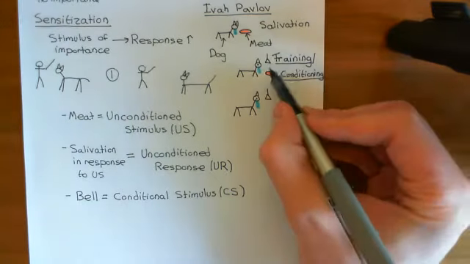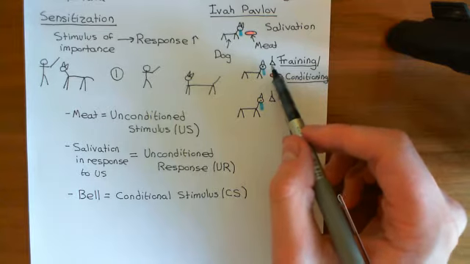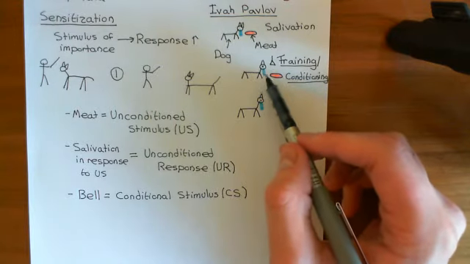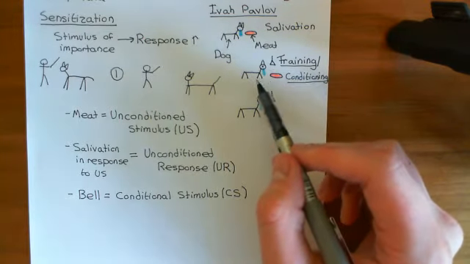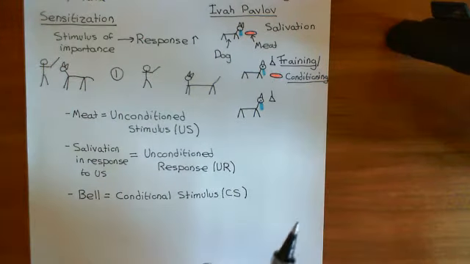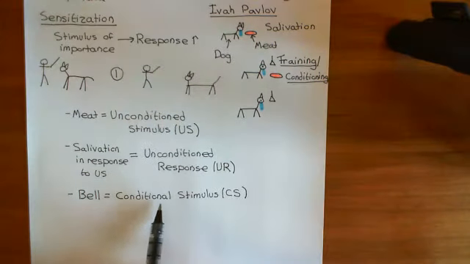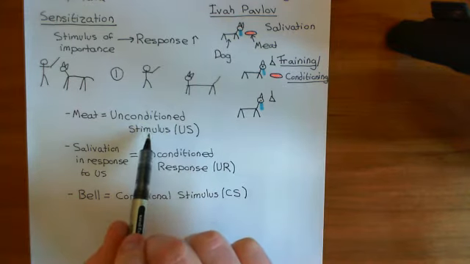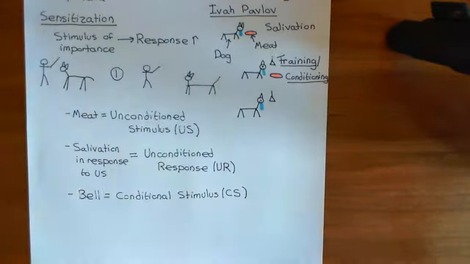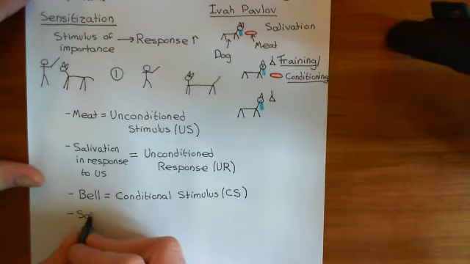If you take a dog that hasn't been through training and present it with the conditional stimulus, it will not initiate a response, or at least not the response you want. Now you take your dog and go through the process of training it. You pair the conditional stimulus with the unconditioned stimulus, and then the phenomenon of classical or Pavlovian conditioning is that the dog will salivate when presented with just the conditional stimulus.